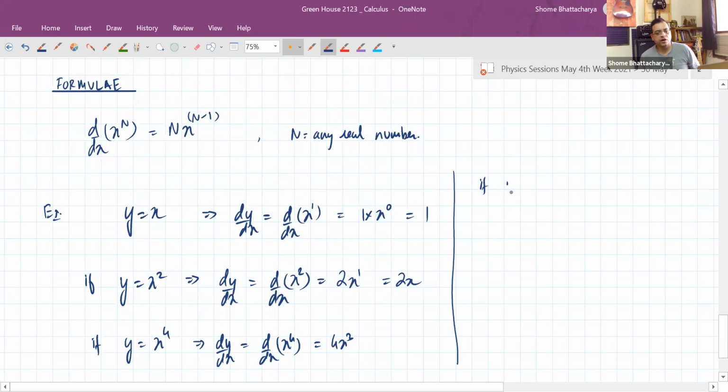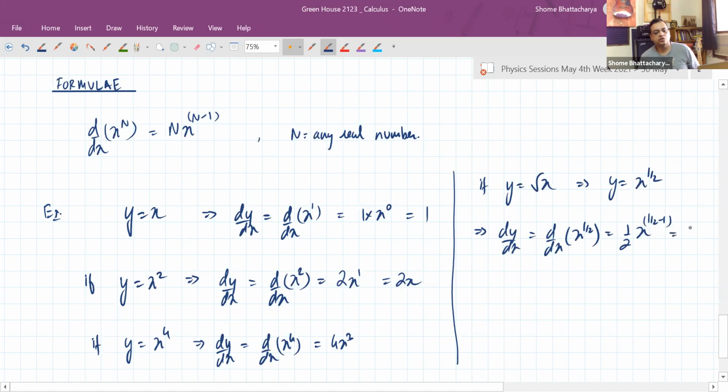If y is equal to square root of x, it means that we can write y as x to the power half. So differentiation of x to the power half will become 1 by 2 into x to the power half minus 1, or 1 by 2 x to the power minus half, which we can further simplify and write as 1 by 2 root x.